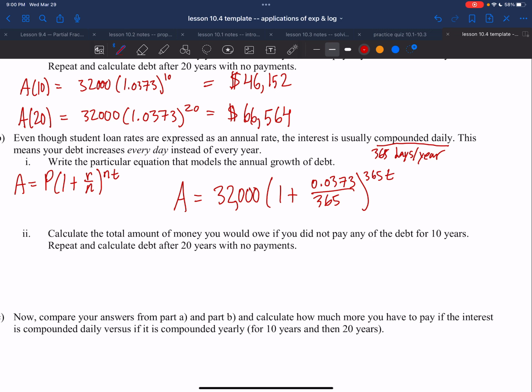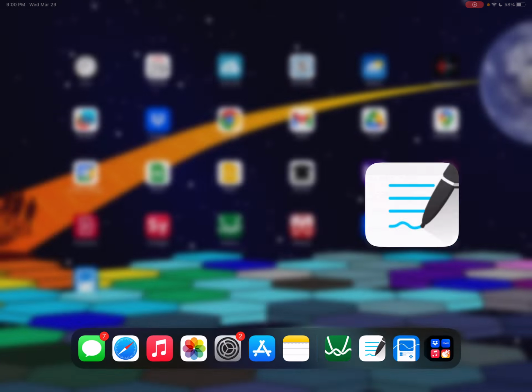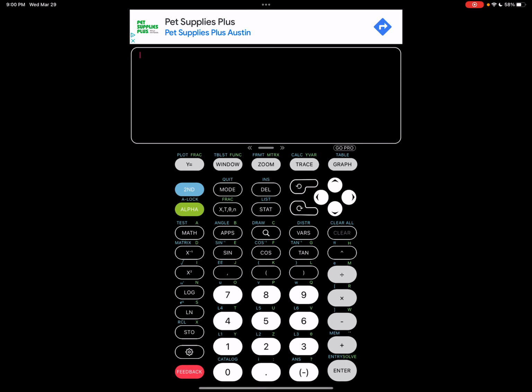Now I might say, okay, can I make this one nice, pretty, solid value? Let's type that into a calculator just to see, 0.0373, and let's divide that by 365. That's a really small decimal. I mean, that's incredibly small. And we want super accurate. You know how I've told you before, don't round too early, not when you're creating your functions. If you round too early, who knows how accurate your estimations are going to be.